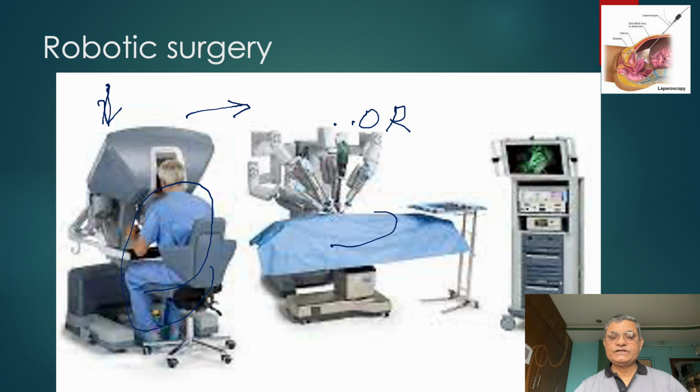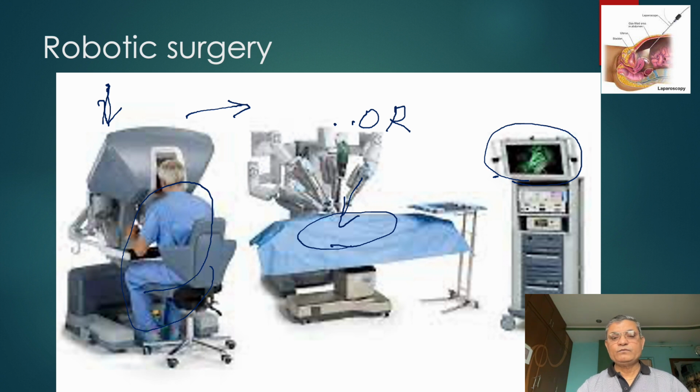So this is the patient. Into the patient the ports are driven, and the surgeon can see whatever there is in the abdominal cavity, and his hand movements are very precisely transmitted into the machine and into the abdominal cavity.